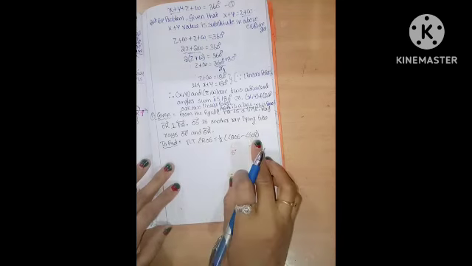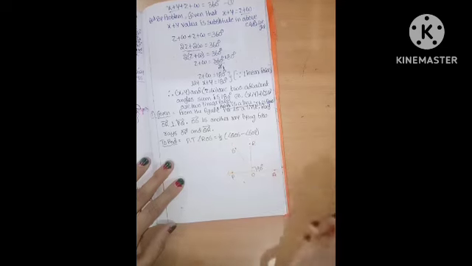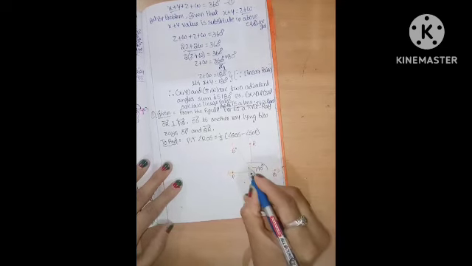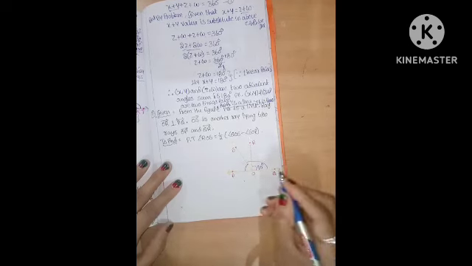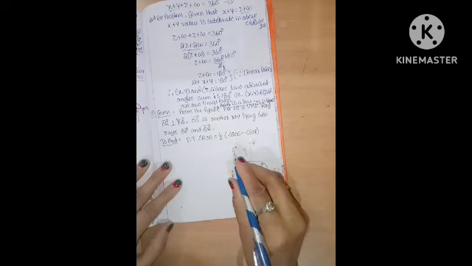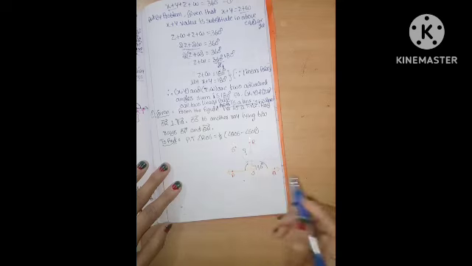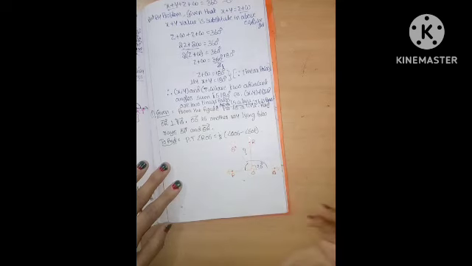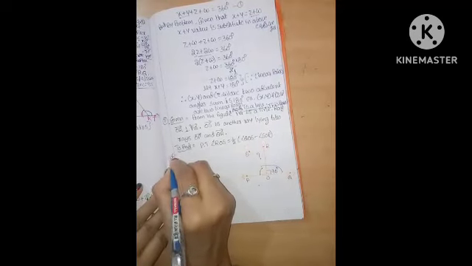Let us prove this. This is 90 degrees, this is QOS, and subtracting this part, SOP, and dividing by 2, we will get ROS. Are you clear?